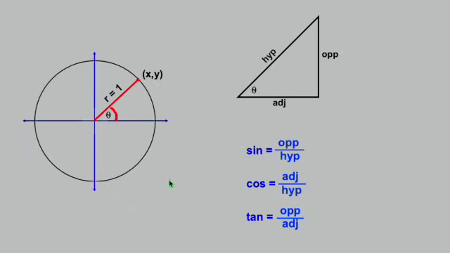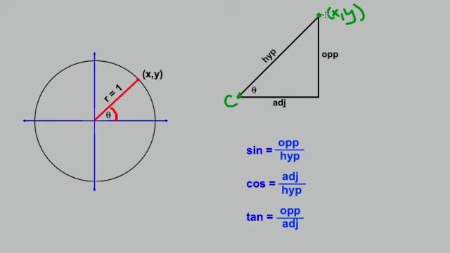Okay, now the second thing we wanted to talk about is understanding once again how this relates to sine, cosine, and tangent. We have our unit circle over here, and if this is our center and this is our point, x comma y, and we were just dealing in trig functions, we know that sine is opposite over hypotenuse.